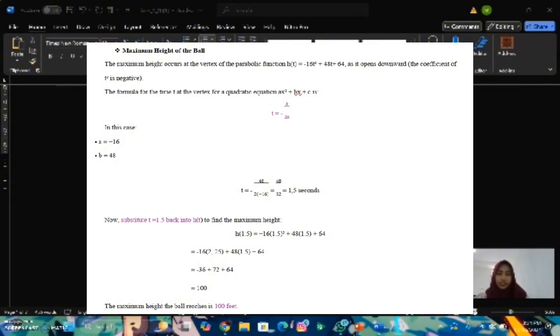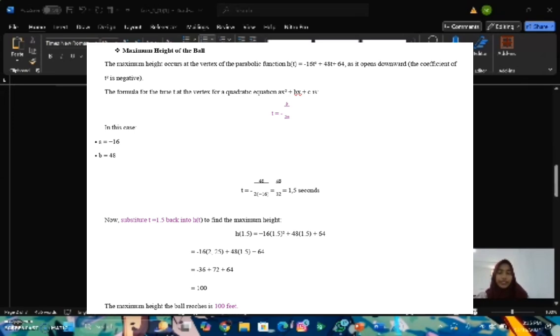t = -48 over 2 times -16, equal to 48 over 32, because -2 times -16 is 32. So 48 over 32 is 1.5 seconds.